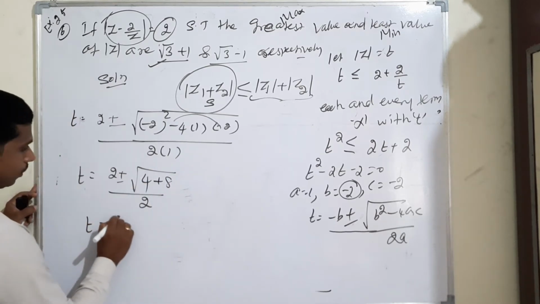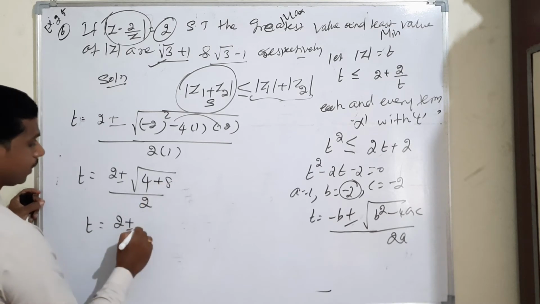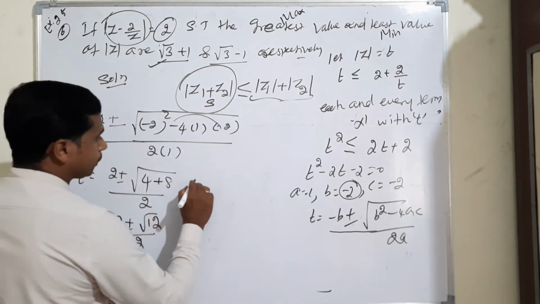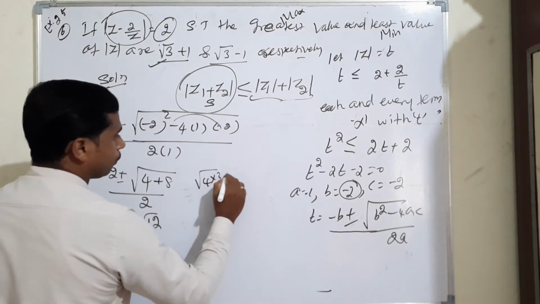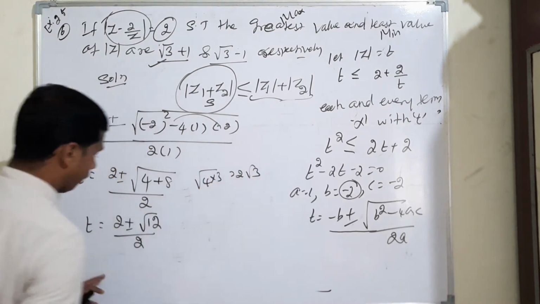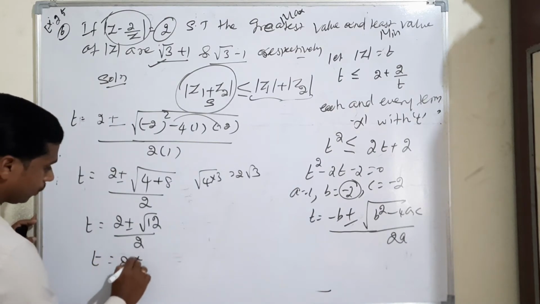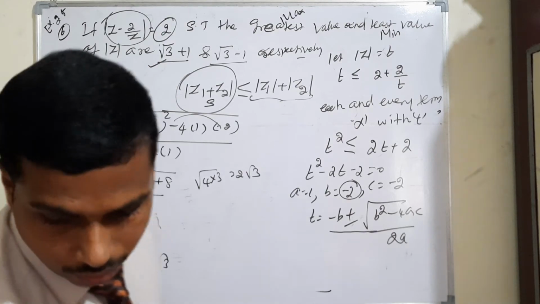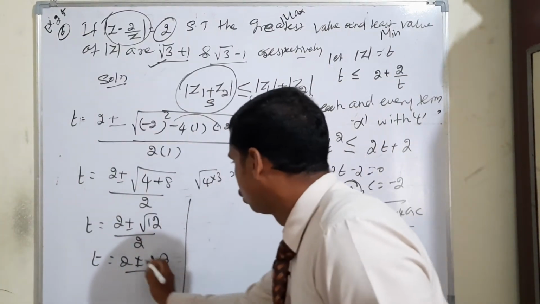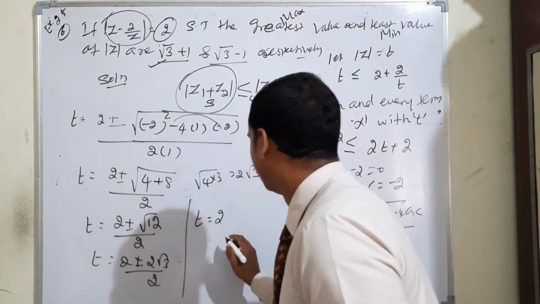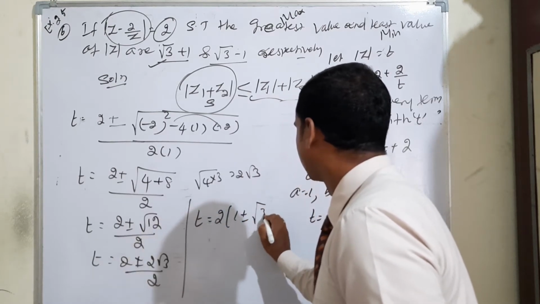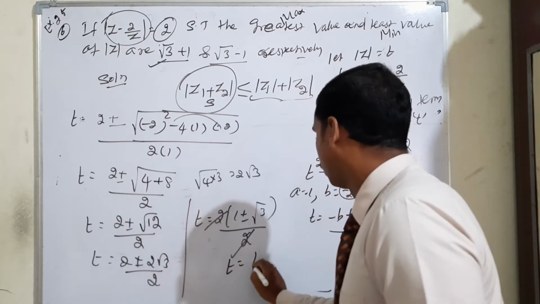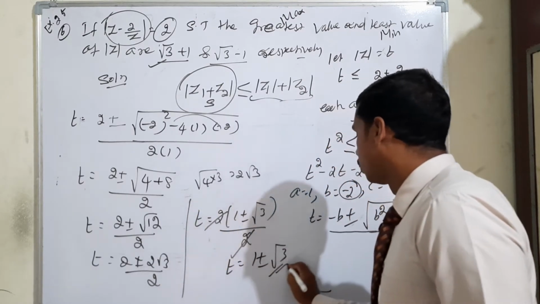So t is equal to 2 plus or minus root of 4 plus 8, which is 12, divided by 2. Root 12 we can split into 4 into 3, so we can write 2 root 3. Therefore t is equal to 2 plus or minus 2 root 3 divided by 2. Now take 2 common outside: t is equal to 2 times 1 plus or minus root 3 divided by 2. Again 2 cancels, so t is equal to 1 plus or minus root 3.